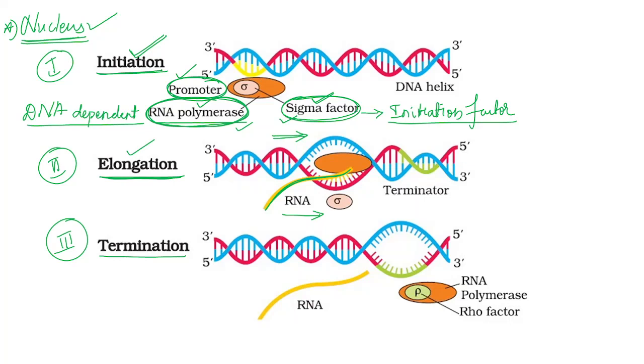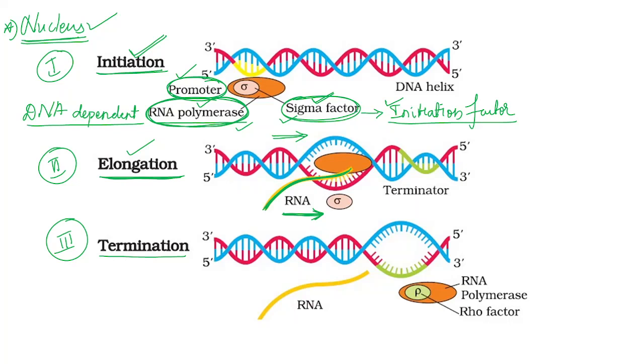RNA polymerase enzyme, along with the sigma factor or initiation factor, will come and bind to the promoter region, and in the elongation, the RNA polymerase enzyme will move towards the right side direction and slowly start producing the RNA molecule, which is called mRNA, right. It slowly starts producing the mRNA molecule.